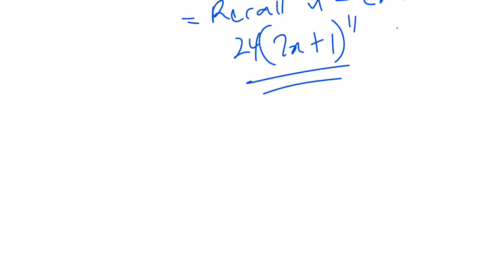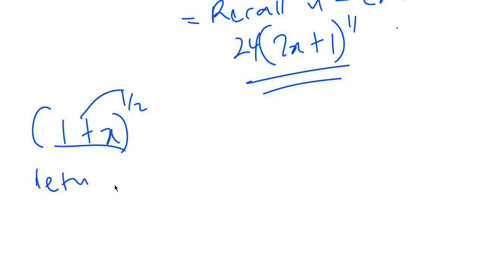So let me see another one now. I can see another question that is saying y equals 1 plus x to the power half. Same thing. You are seeing a function 1 plus x and there's another function raising it. So what do you do? Let u be equal to 1 plus x. Differentiate it.